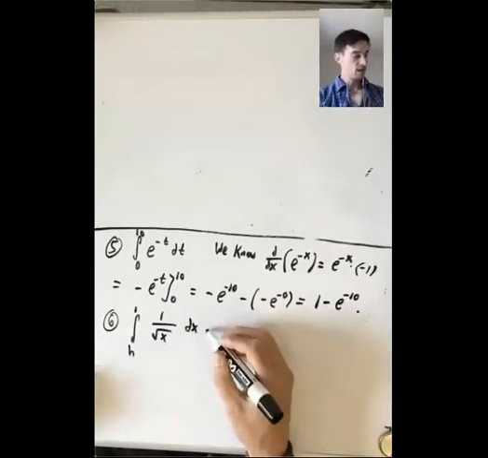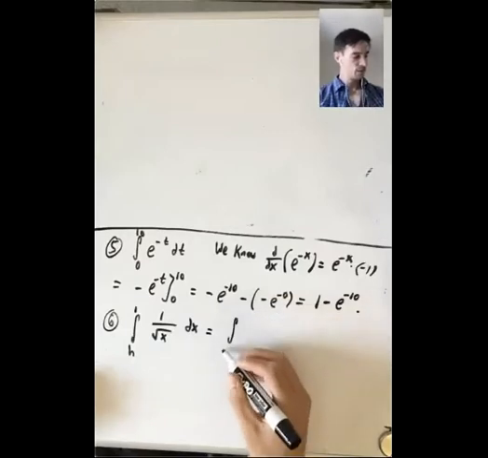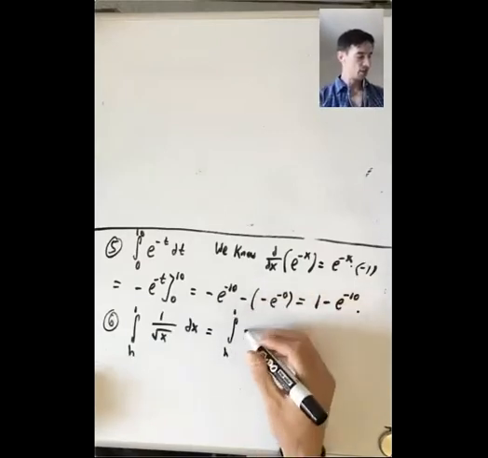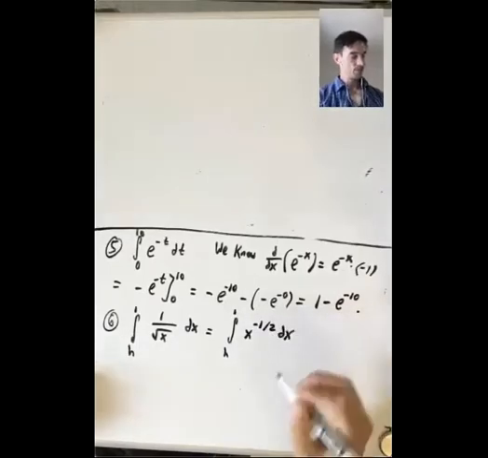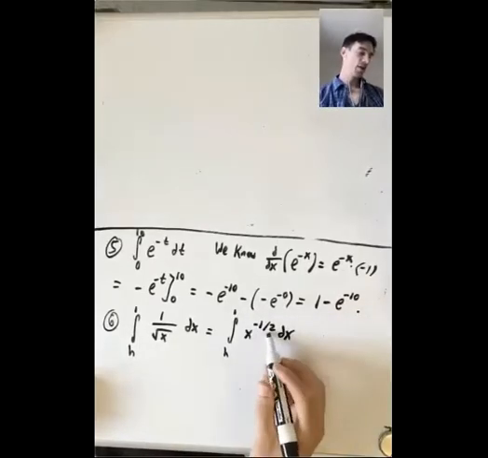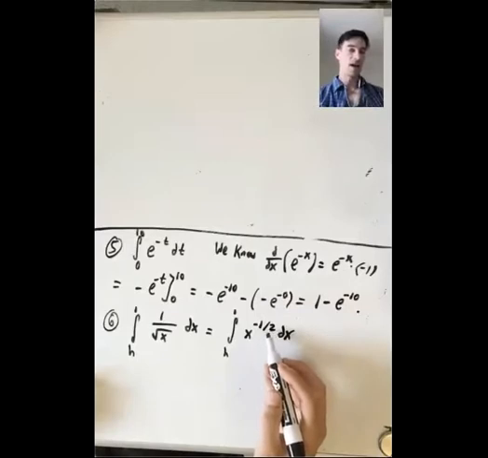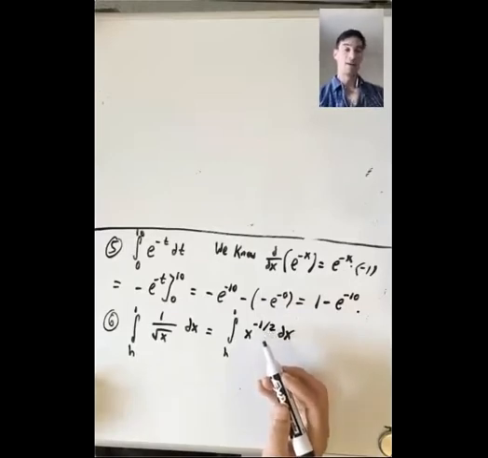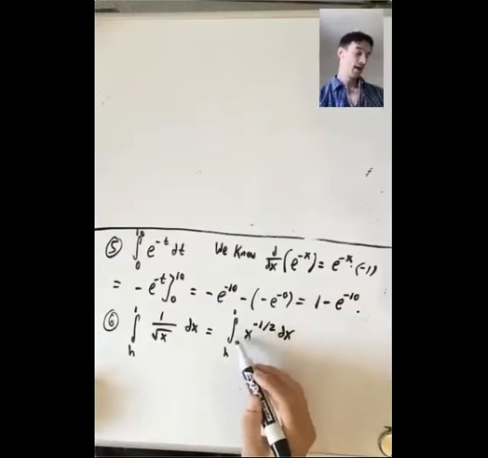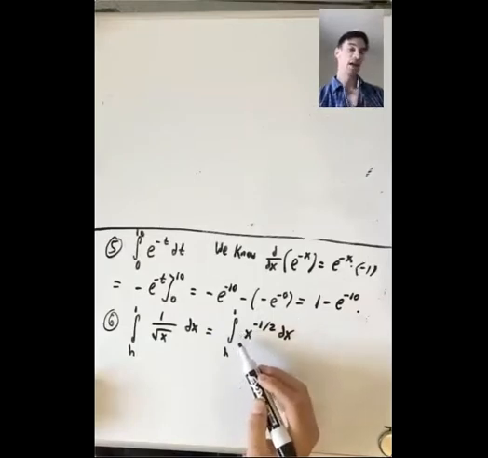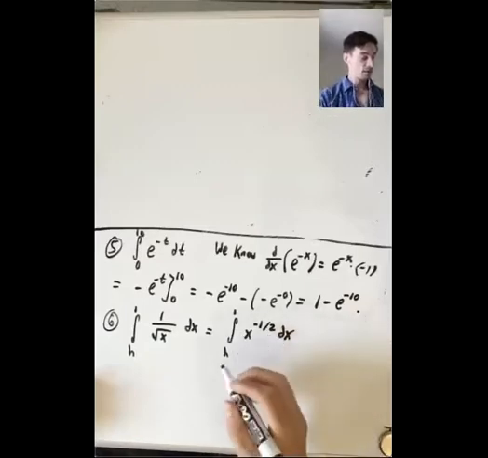So again, these things with square roots, I find it a lot easier to just rewrite these functions as x to the something. How do you find an antiderivative of x to the minus 1/2? Well, the derivative of x to the half is some number times x to the minus 1/2. So we just need to figure out what constant we want in front of our x to the 1/2 so that the derivative is x to the negative 1/2.